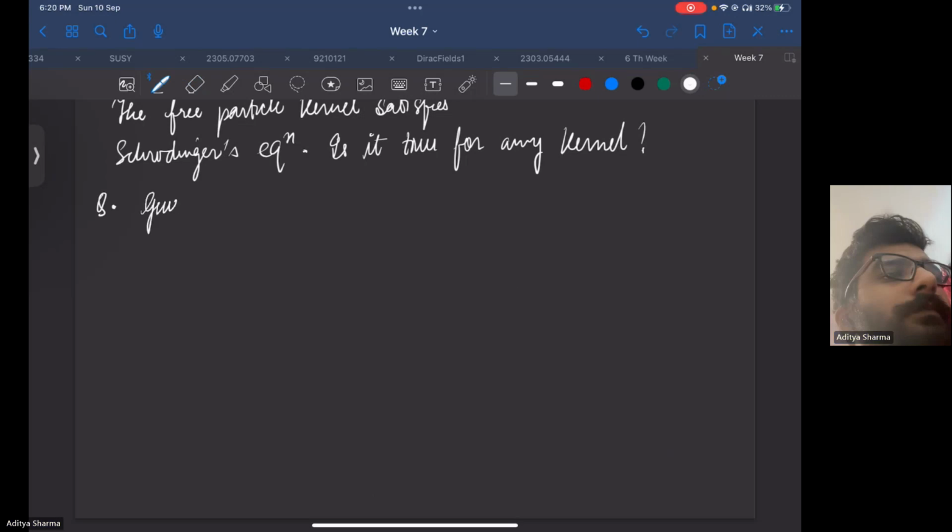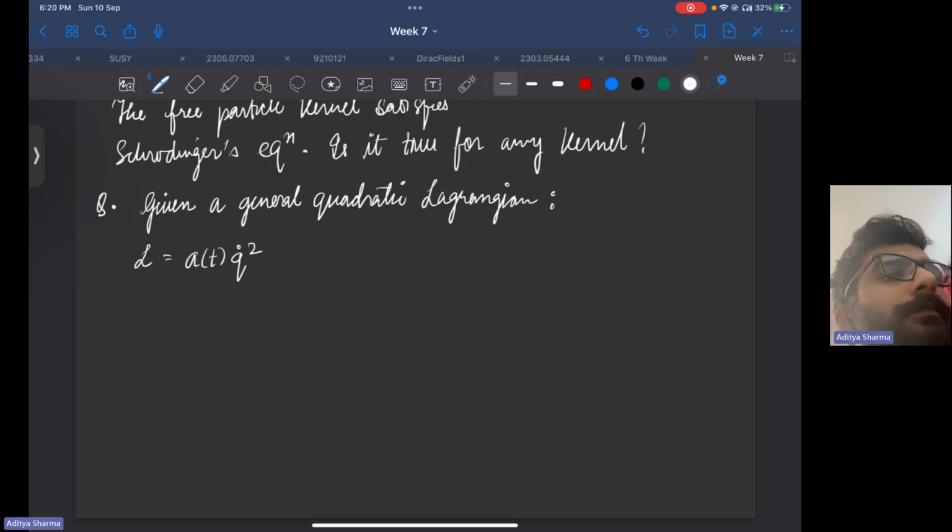Even a general quadratic Lagrangian of the form L is equal to, this Lagrangian is a function of q dot, but also an explicit function of time.